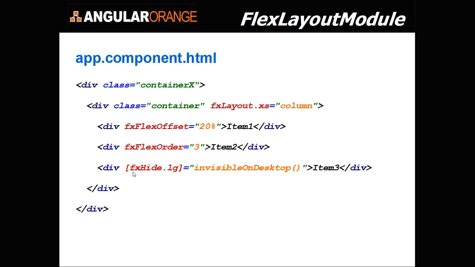And then this one here, I do an fxHide for large displays. I'll hide it if this thing returns true, and so on large desktops, I will invoke this function, and this will return true, and therefore fxHide will be true. You could hard code it true here if you really want to. So this is just an example.